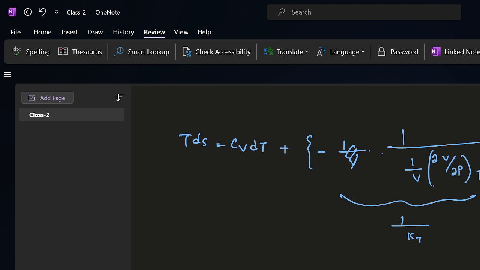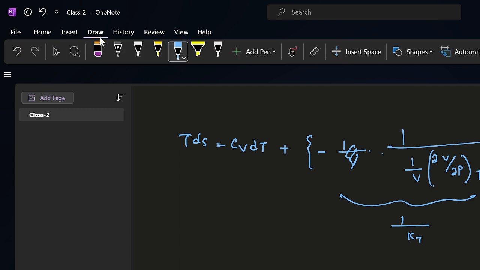So simplifying it further, you get TdS equal to CV dt plus t times alpha by kt dv. This is the final form that we have obtained.